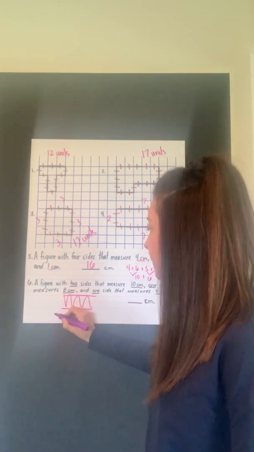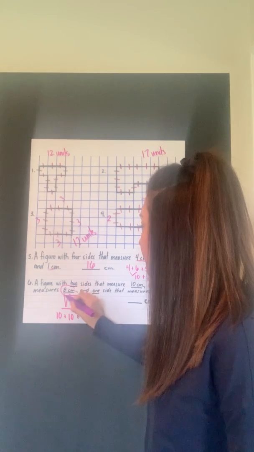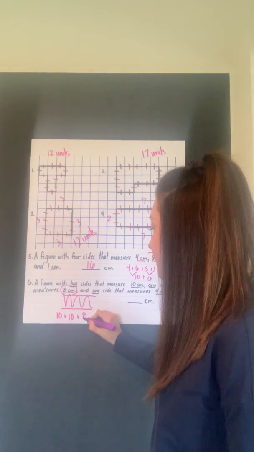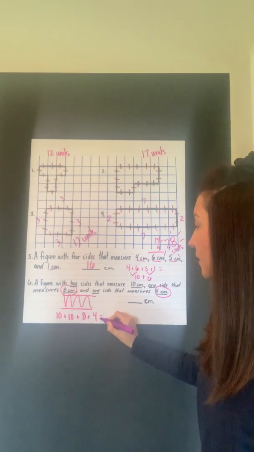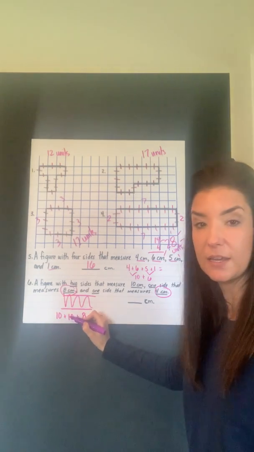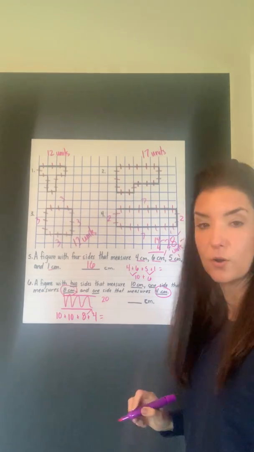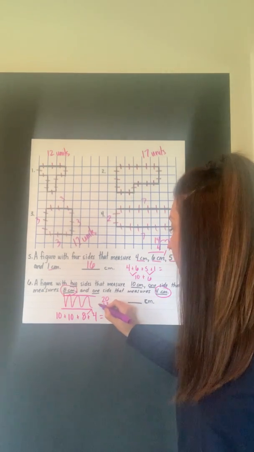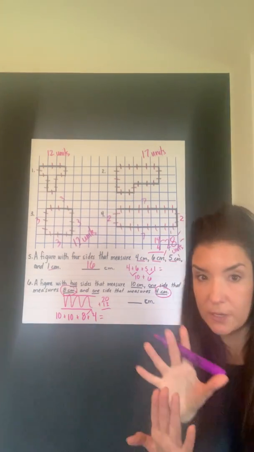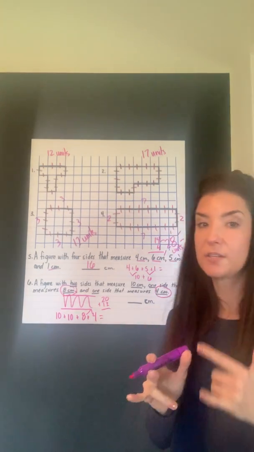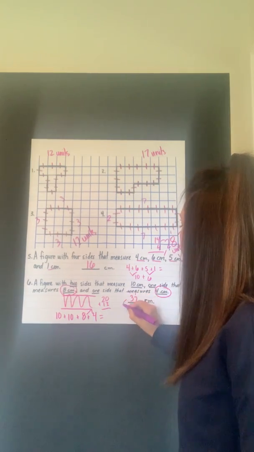I'm just going to write it out this way. 10 plus 10 plus, look at this, 1 side measures 8 and 1 side measures 4. 10 doubled is, that's right, 20. 8 plus 4 is 12. 20 plus 12 is 32.